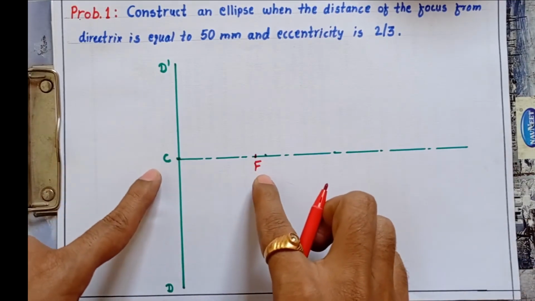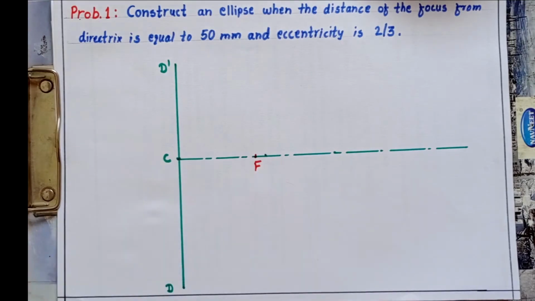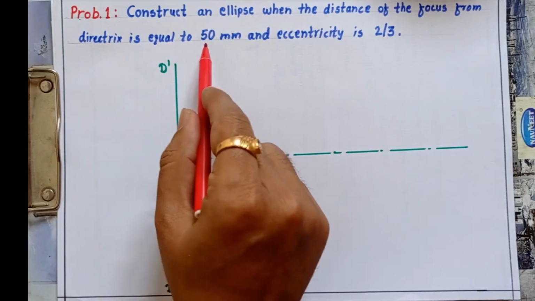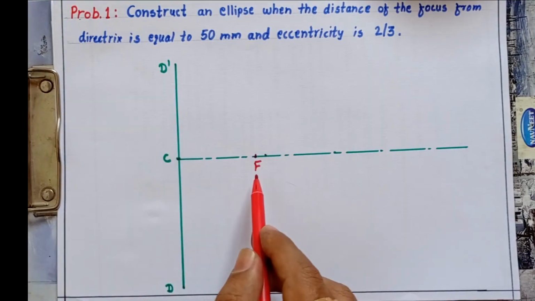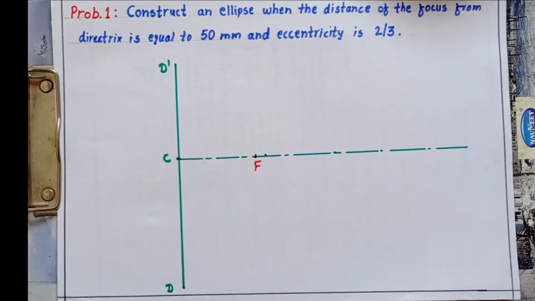This is what is given in the problem statement: the distance of the focus from the directrix is equal to 50 mm. So here you have the focus, and the distance of the focus from this straight directrix is 50 mm. Now one condition is satisfied according to the given statement of the problem.